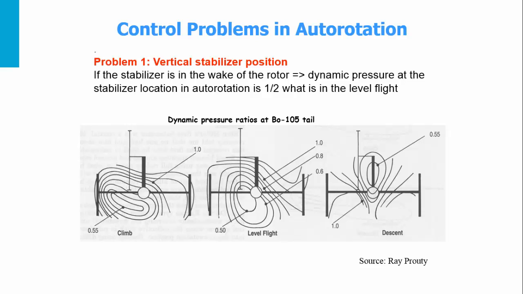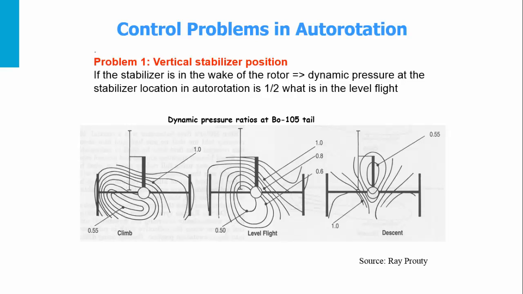You see that in descending flight, the pressure ratios are very low. Actually, if the stabilizer is in the wake of the rotor, the dynamic pressure at the stabilizer in autorotation is half of that of level flight. In this way, the vertical stabilizer becomes ineffective in autorotation.